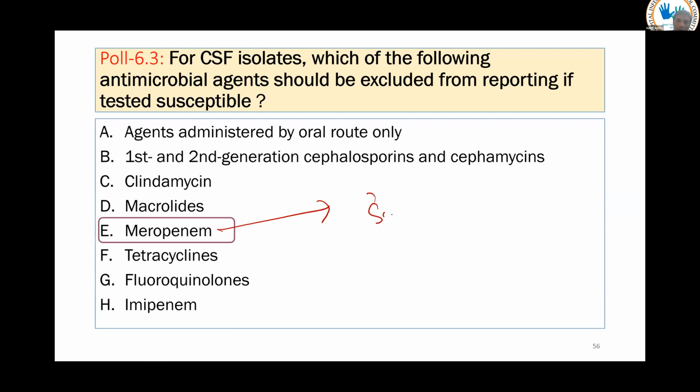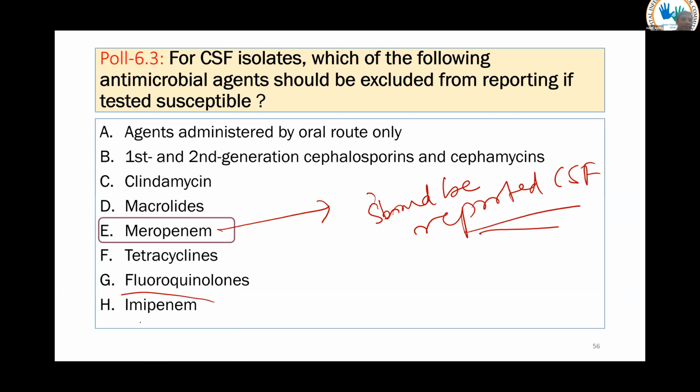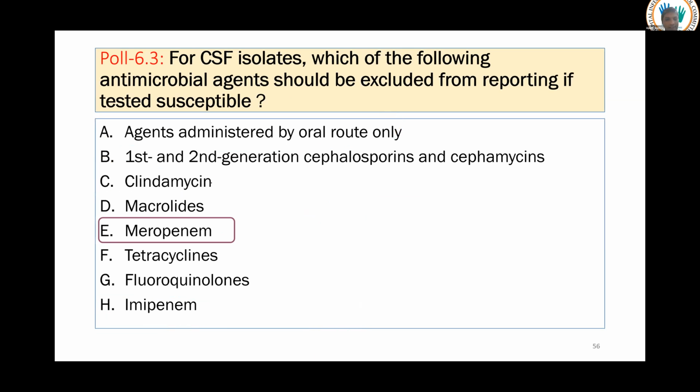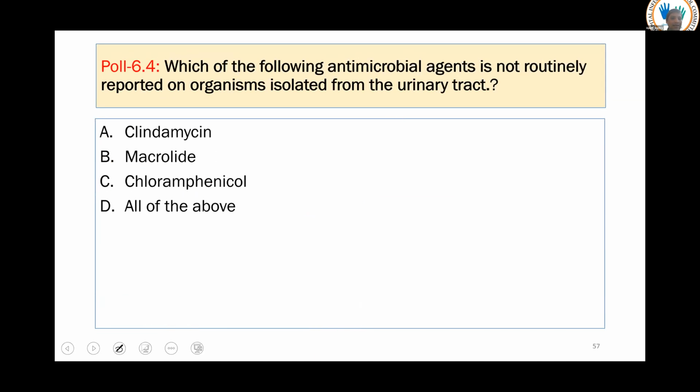Meropenem can be reported for CSF because it can penetrate, whereas imipenem, doripenem, ertapenem, other carbapenems, in 2021 CLSI added that you should not report for CSF isolate, and these are the other agents which should not be reported for CSF isolate. The detail is there in the next slide.